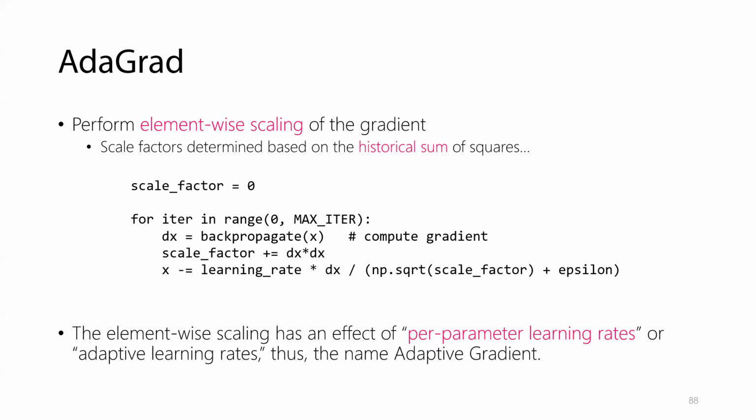Sorry, the scaling factor is an element-wise scaling factor. So for each element, we have a different scale. And by having a different scaling factor for different components of x, we can have an effect of steering the direction of the vector.